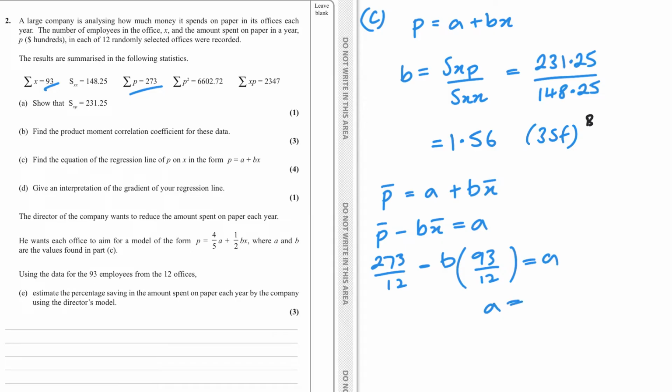And obviously with B I'm going to use the full value in my calculator. That gives me 10.661. If we keep it to 3 significant figures, 10.7.